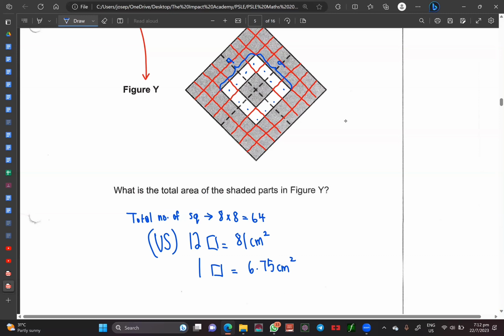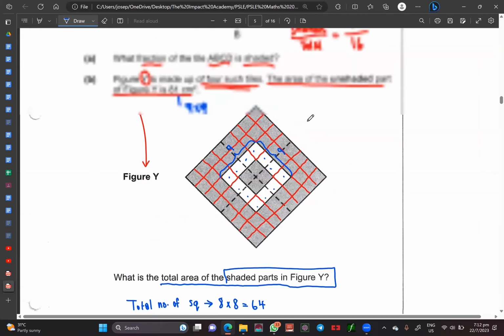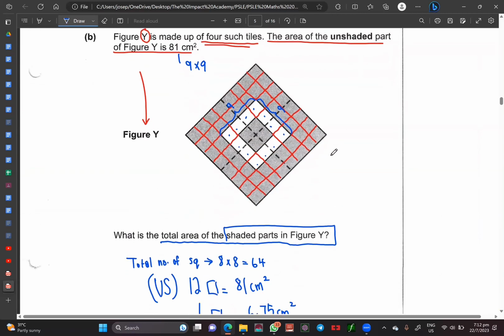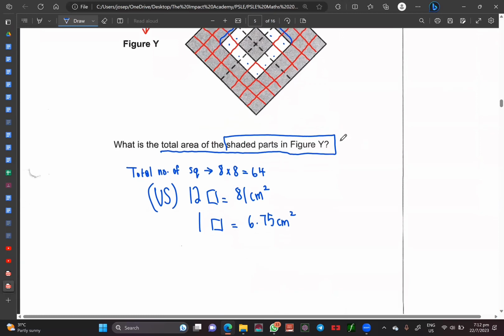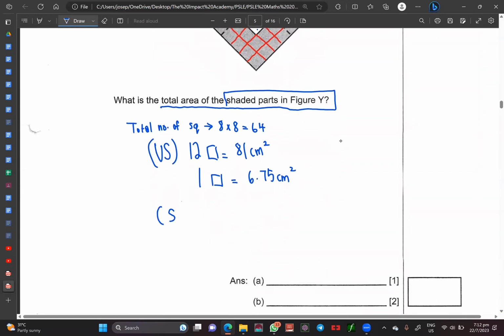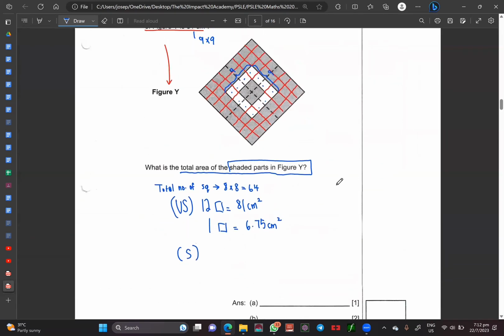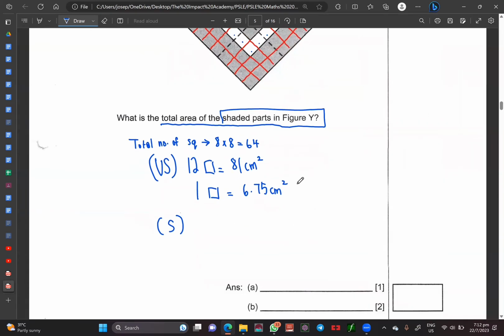Once I'm done with this, I have settled my unshaded part. The question says, I want you to find the total area of the shaded parts, which is the ones excluding the unshaded part. So let's ask ourselves, how many shaded squares do I have in total? Now I know that my total number of squares is 64.